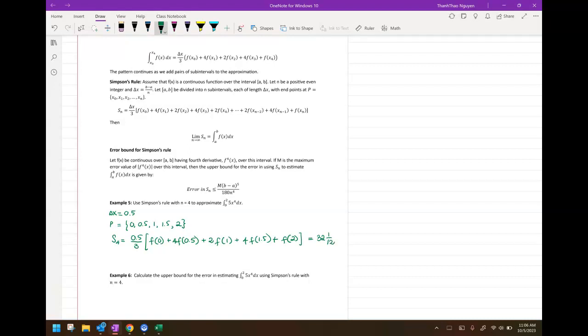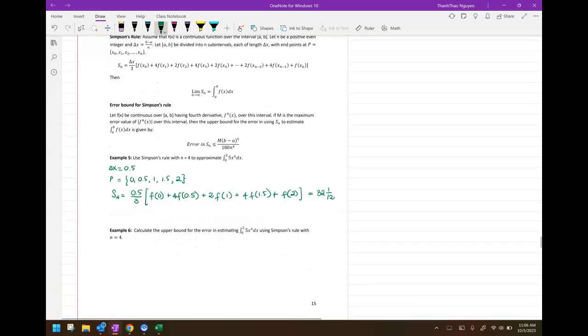Okay. Let's calculate the upper bound for the error in the estimate of the integral.